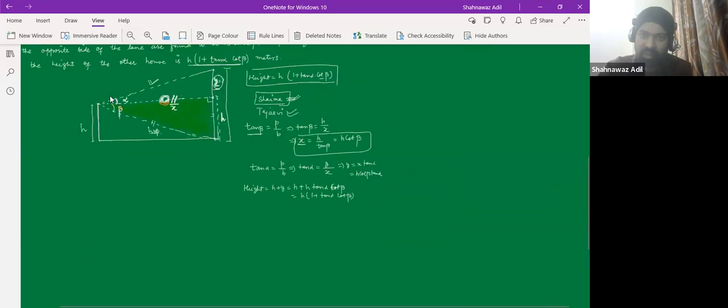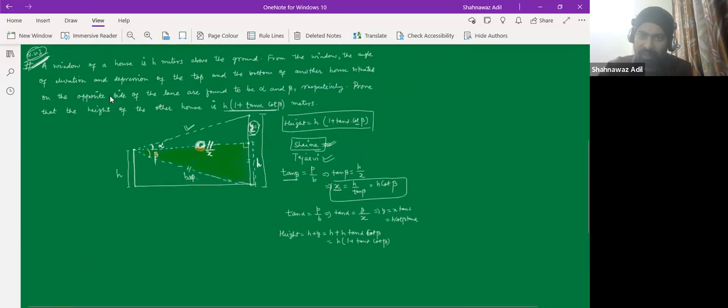So this was the question, right? There was this window, and somebody was looking from that window at the other house. The angle of elevation to the top of the other house, from this window at some height h, was alpha, and the angle of depression to the bottom of the other house was beta. So we had to prove the height of the other house.